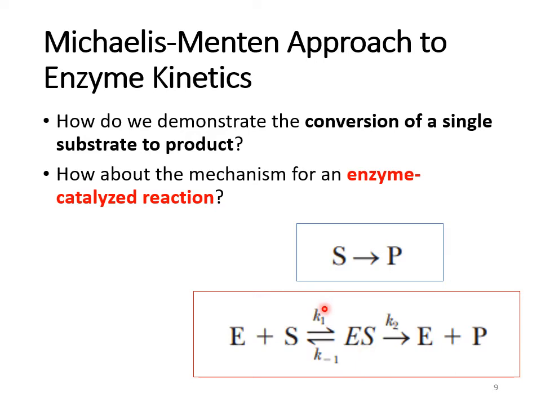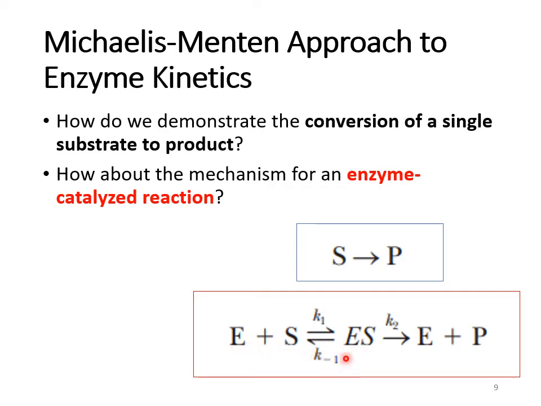Now you'll notice this k1 and k-1, both as subscripts. k subscript 1 here is the rate constant for the formation of the enzyme substrate complex. So the rate constant for forming this structure right here. We said earlier that when you see a negative, that usually means the reverse of a reaction, something breaking apart, for instance.